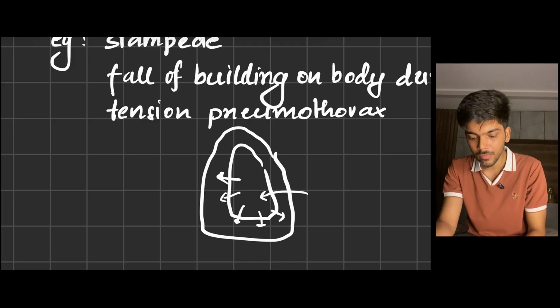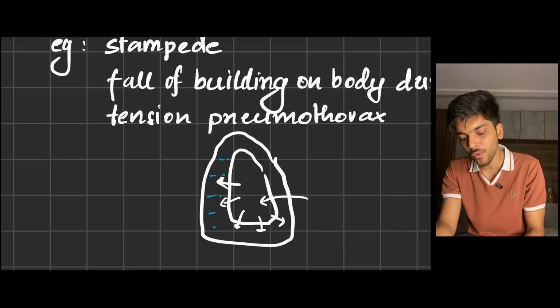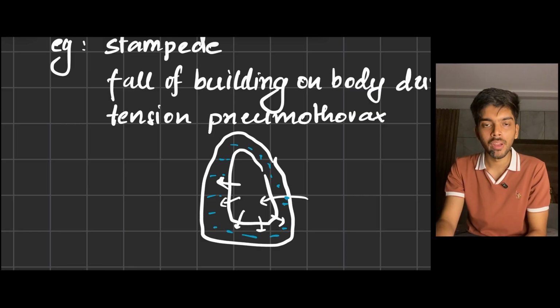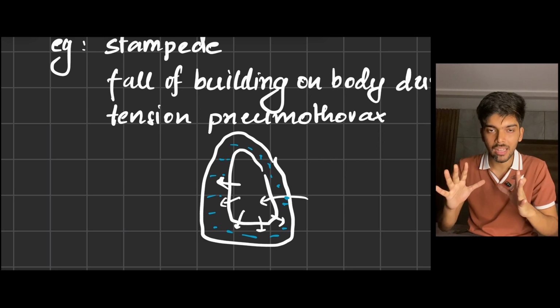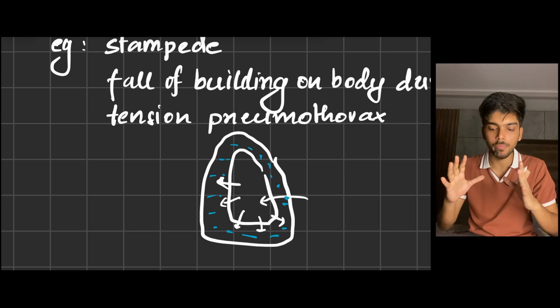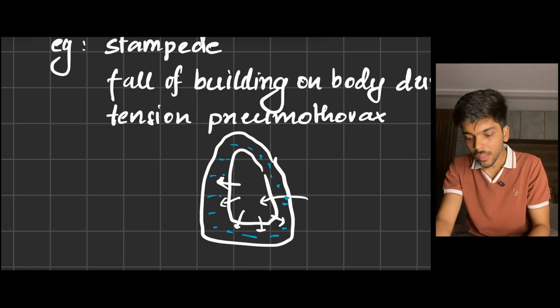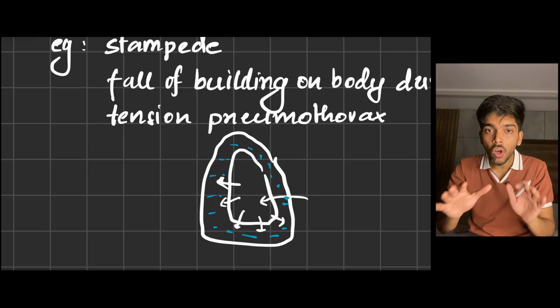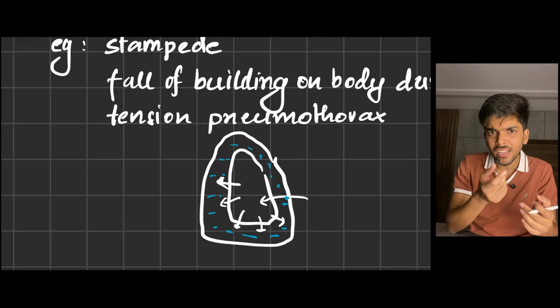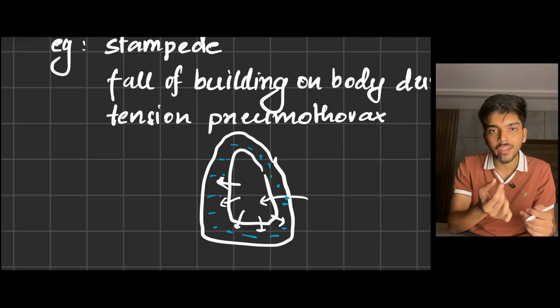As a result, the pleural cavity is now filled with air. This air does two things. Number one, it compresses the lung. As a result, the lung is unable to expand. Number two, the pleural cavity normally is a vacuum with little fluid.